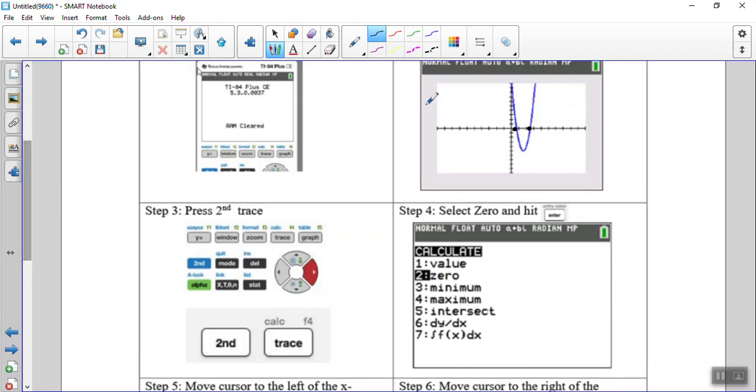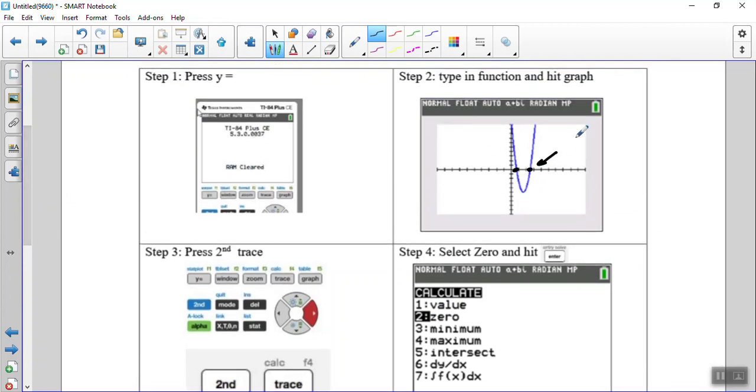So whenever you have a function crossing the x-axis, it has several different names. We call it x-intercepts, and we'll talk more about that later, but just know the terms we use for it. X-intercepts, sometimes we call them zeros of a function, because that's where your function equals y equals 0.